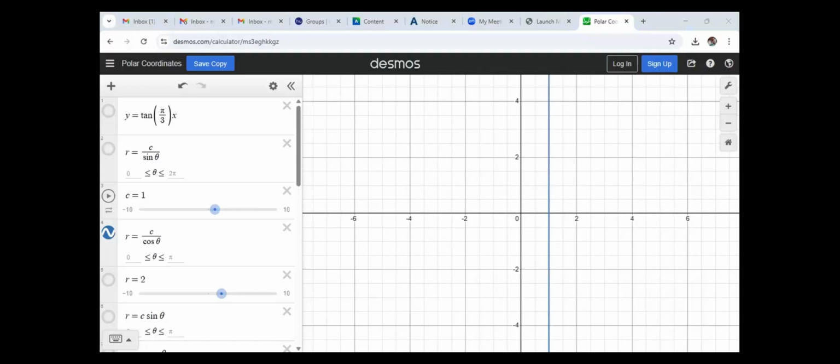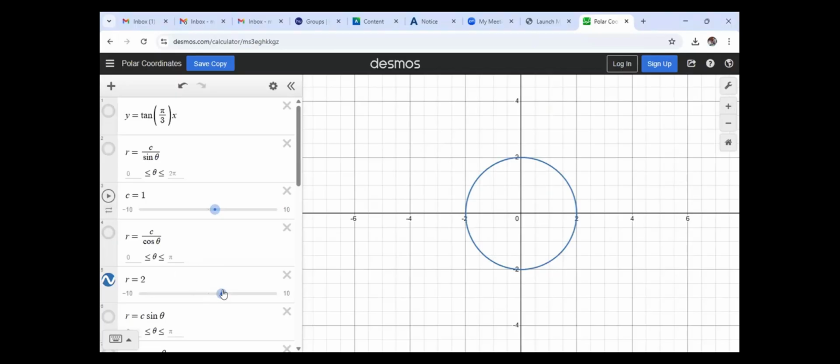Next thing is let's look at circles. So we saw this before, but whenever r equals something, r is square root of x squared plus y squared. And if we square both sides, we get x squared plus y squared equals something squared. That's your equation for a circle centered at the origin, which is what we get.